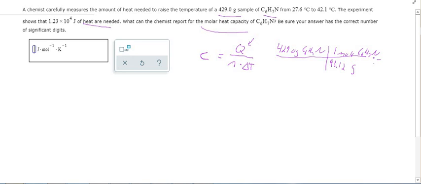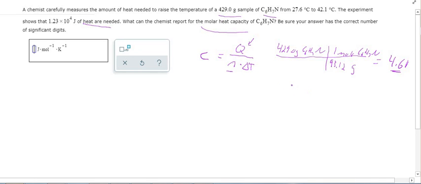And so when I do that math, rounding, I calculate 4.61 moles of aniline. Okay, so I just calculated n.